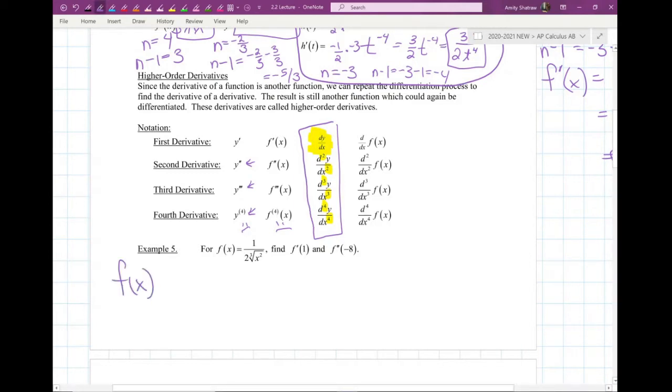F of x is really equal to 1/2 times something. And that something is going to be 1 over the cube root of x being squared. Okay, so the cube root of x being squared, I believe I could rewrite that. I could say this is 1/2 times, ready, 1 over x to the 2/3 power.